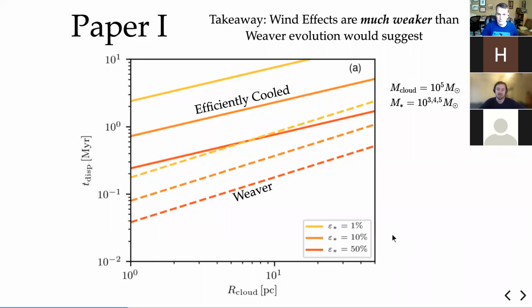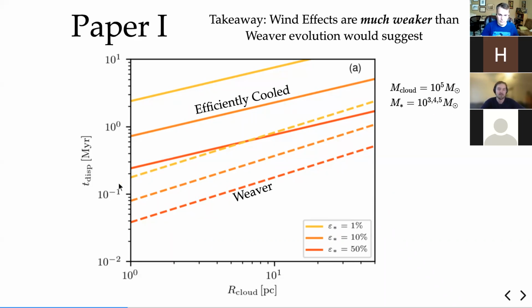The idea here is that you form some star cluster at the center of this cloud with some star formation efficiency put in by hand. This is really just determining the mass of the central star cluster that's driving the wind expansion. I go from 1% to 10% to really 100%, so the central cluster here is either 1,000, 10,000, or 100,000 solar masses.